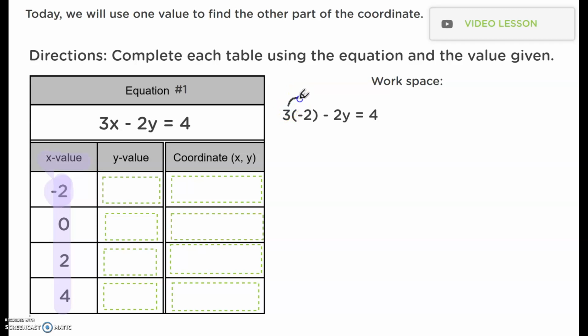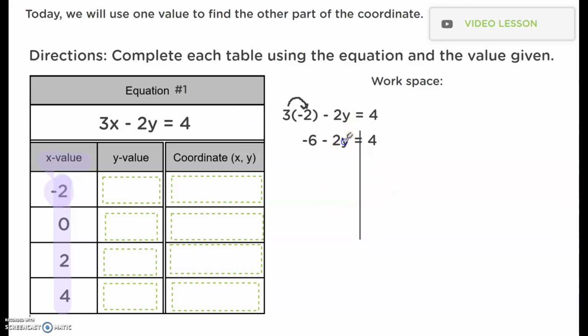So 3 times -2. I'm going to multiply to get rid of those parentheses. Instead of saying 3 times -2, I'm going to say -6 minus 2y equals 4. Now if there's no parentheses, I'm going to find the middle of my equation and I'm going to solve like I normally do.